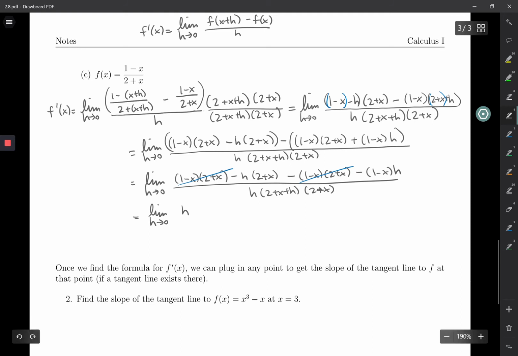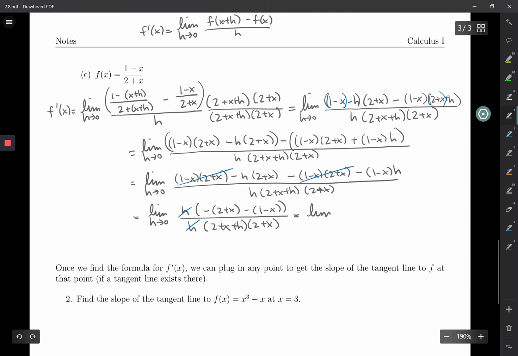So if I do that, I'll be left with a negative 2 plus x and a negative 1 minus x, right? And then we have the same denominator, but now we can cancel these h's right there.